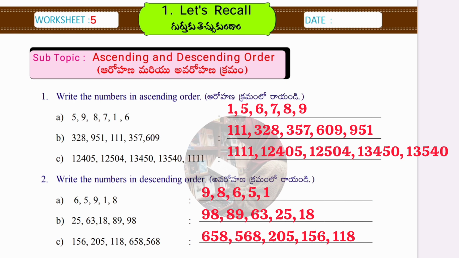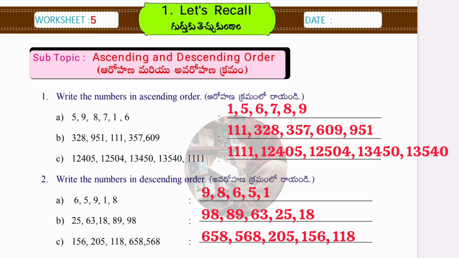So I'll explain one example in each Roman. Ascending order: here firstly we are given 5, 9, 8, 7, 1, 6. Ascending order will be 1, then 5, then 6, then 7, then 8, and then 9. Means from smallest to biggest.